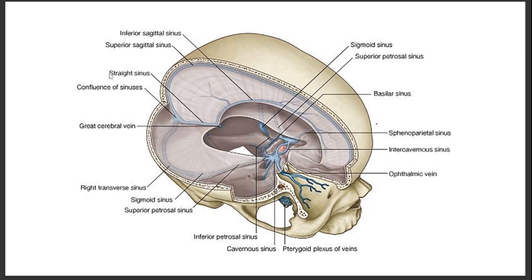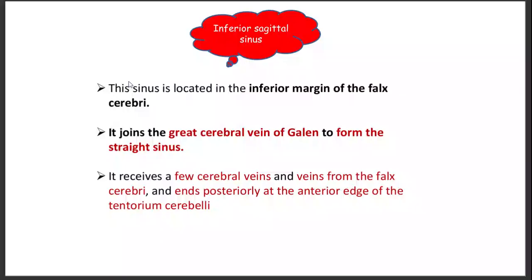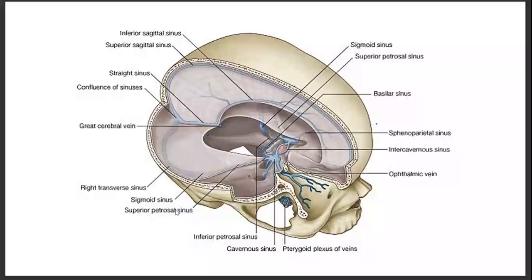Those are the ones that will form the straight sinus. It's important for you to know that. It will receive a few cerebral veins from the falx cerebri, and ends posteriorly at the anterior edge of the tentorium cerebelli. Okay, tentorium cerebelli just here.